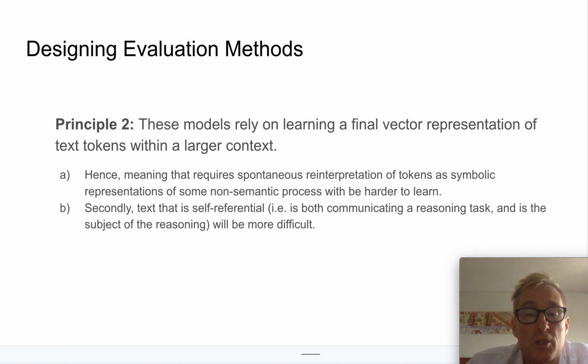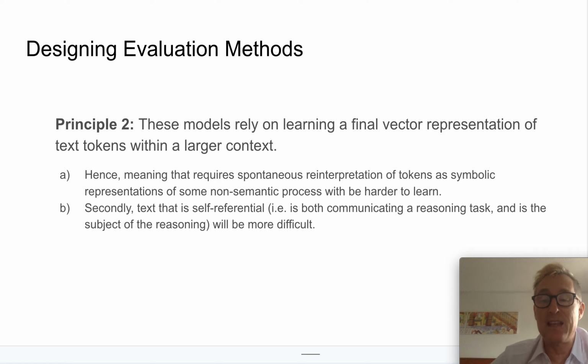The second principle is that, ultimately, regardless of how many heads there are in that attention mechanism, it's trying to learn a final vector representation of the tokens that captures many different nuances of what its potential semantics could be. In effect, it's learning how to generate that based on historical data in all of the training set.